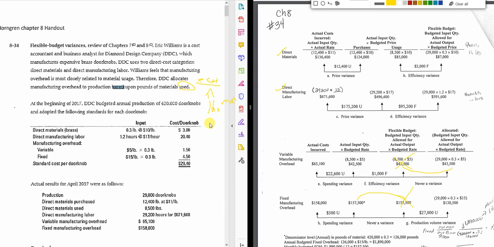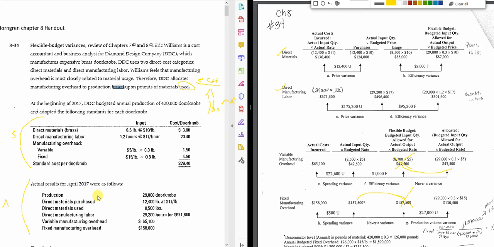Okay, the next thing that we need to do is figure out where our standard costs and where our actual cost is. And it says at the beginning we budgeted an annual production of 420,000 doorknobs. So you might want to put budgeted production 420,000. And we adopted the following standards. Okay, so this is important because this is our standard, and this is important because this is our actual.